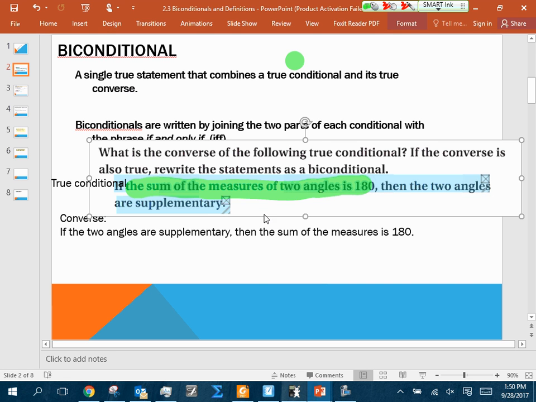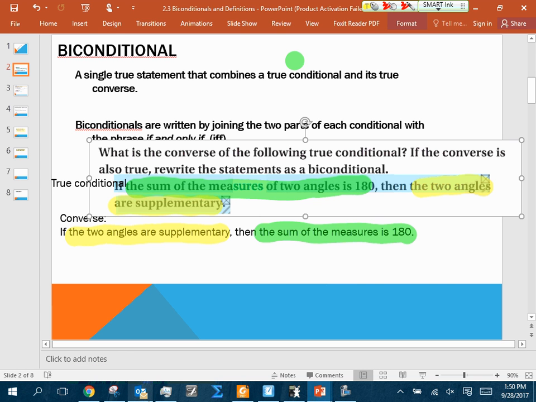And when I do the converse, it is going to go in the spot or the location of the conclusion. Then this is my conclusion, and it's going to go right there for my converse. So identify your hypothesis and conclusion, and then flip-flop them to create the converse.